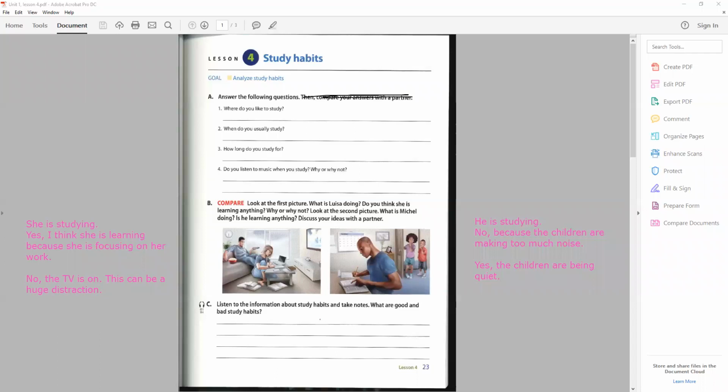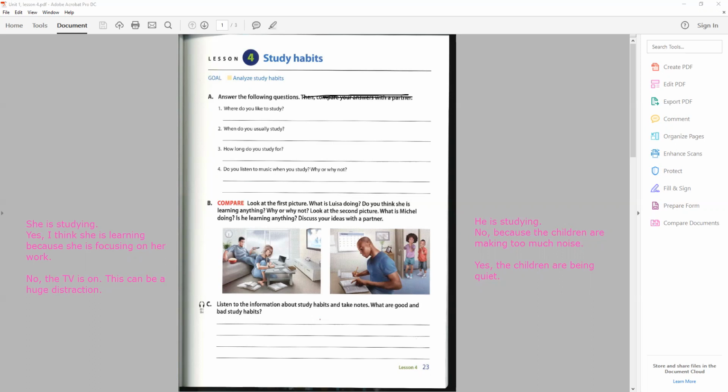I had it pulled up already, so I must have accidentally hit the exit. So let's pull it up here. Hopefully it pulls up pretty quick. Okay. Oh, nope, I need audio. Unit 1, and we're looking at track 4. Okay, so let's take a listen to track 4.